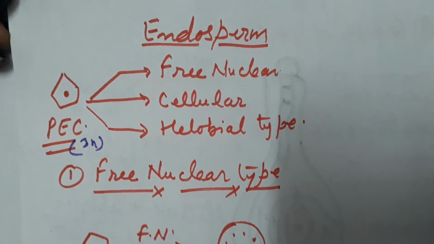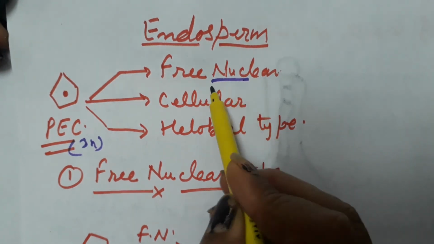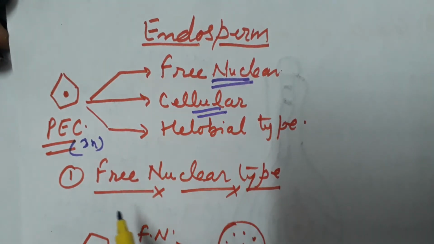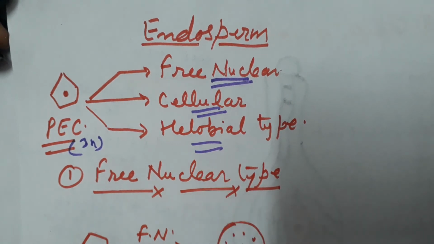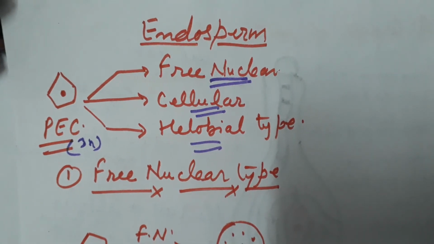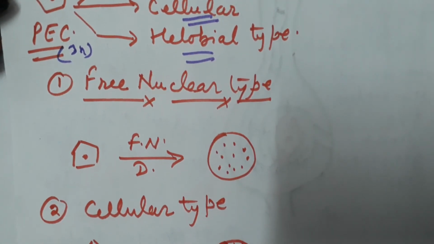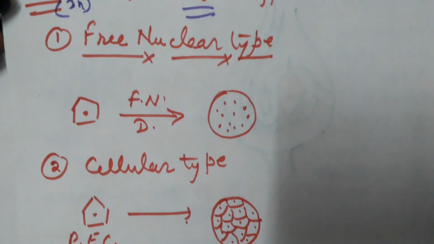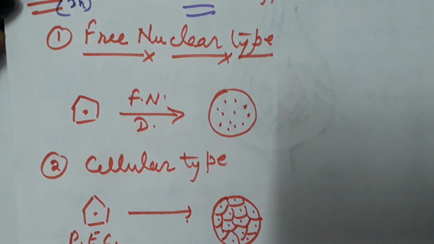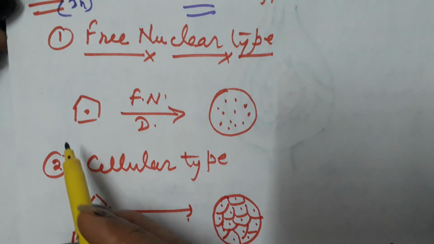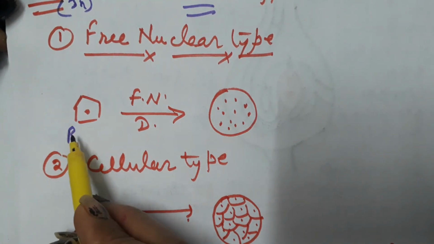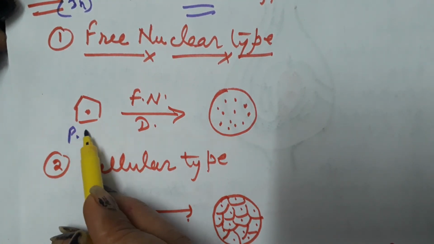Endosperm development is of three types. First type is free nuclear type, second is cellular type, and third one is helobial type. First we will discuss the free nuclear type of endosperm development. What happens in free nuclear type of endosperm development? All the divisions are free nuclear type.